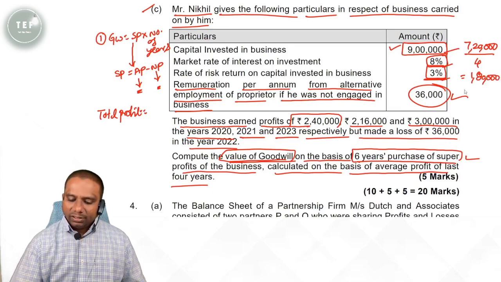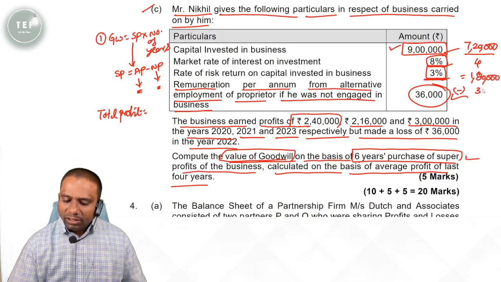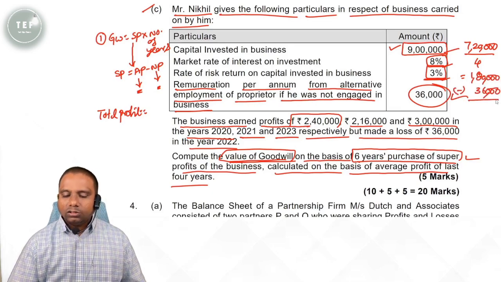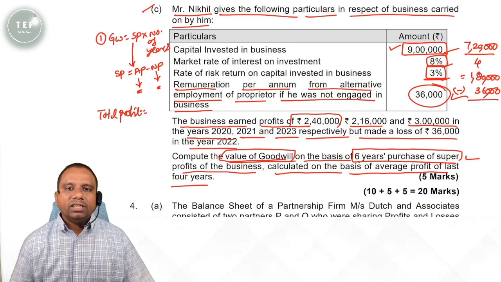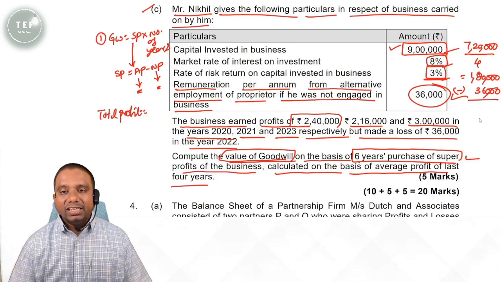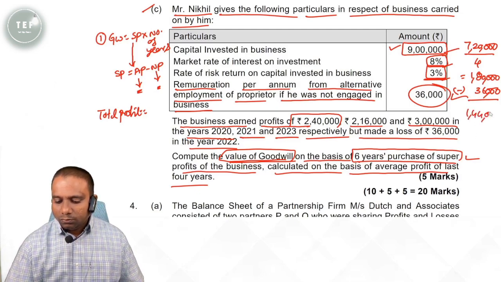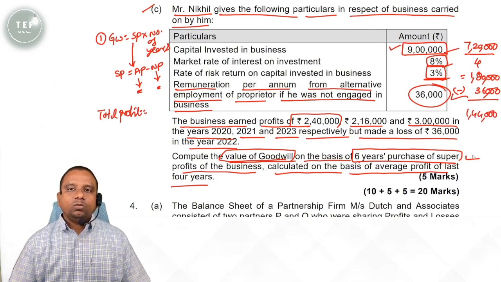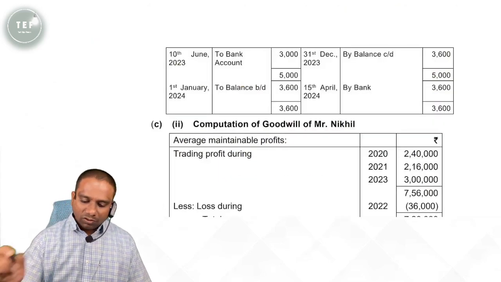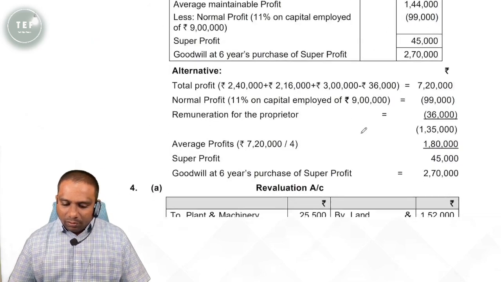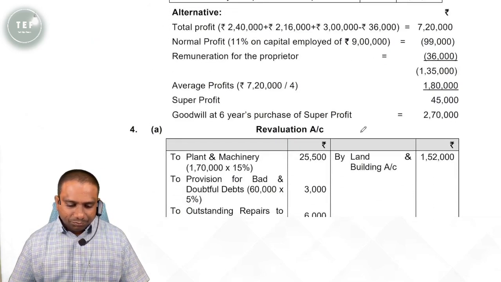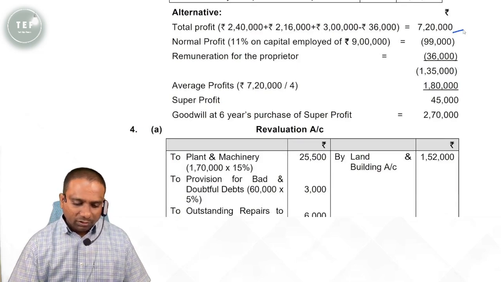From this I have to deduct my opportunity cost of 36,000 rupees. If I engage in any employment, I can earn 36,000 rupees as my salary. Observe here, just a minute. This is total profit.